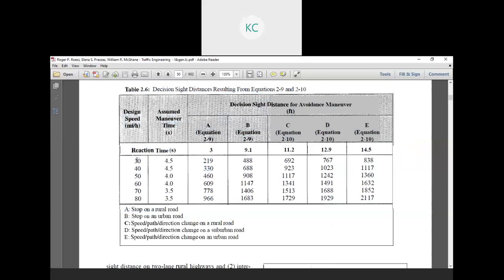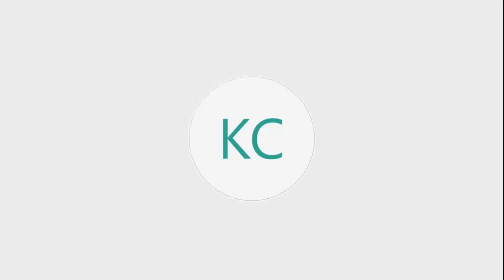Like if the design speed is 30 miles per hour, the assumed maneuver time or reaction time is 2.5 seconds. So from the equation, for the different classes of highway, 219 meters are required for the proper maneuver of the vehicle. This is a table given by AASHTO on the basis of the recommendation for any new highway construction.